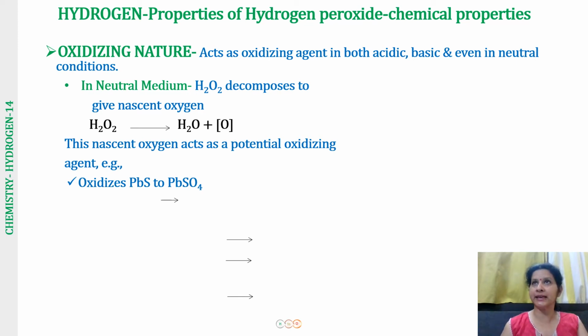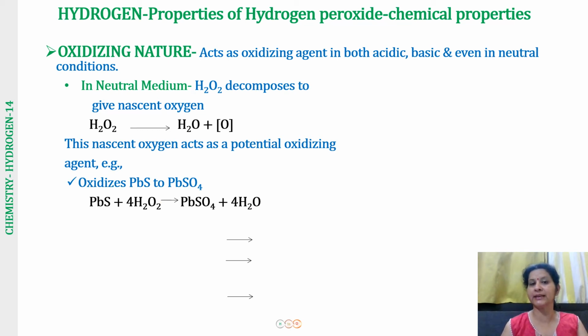So this is an increase in oxidation number. So this is an oxidation reaction. And who is causing that oxidation? It is going to be H2O2. So let us look at the reaction. PbS plus 4H2O2 forms PbSO4 plus 4H2O. Right? So this is the reaction in which hydrogen peroxide is acting as an oxidizing agent.